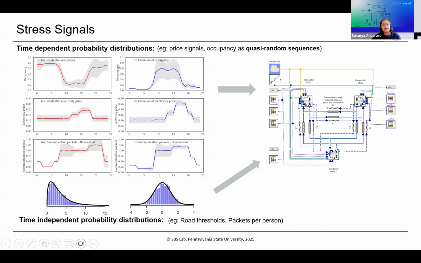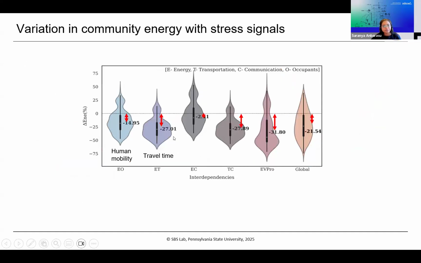All these were introduced into the model as probability distributions, so we can generate a larger data set to understand which is the most influential interdependency among these. Here is what we see in terms of community energy when we simulated the models with stress signals. These are violin plots, which show the probability distribution of all the 400 cases that we simulated. We see that the means of most of them are lower than the baseline, which is the decoupled system.